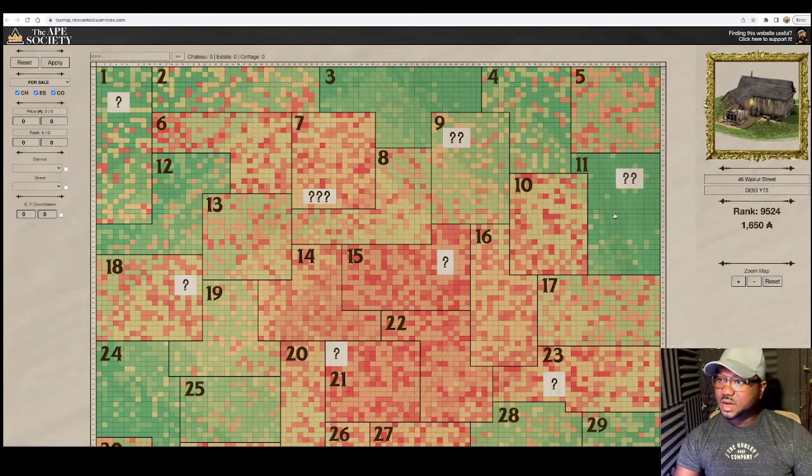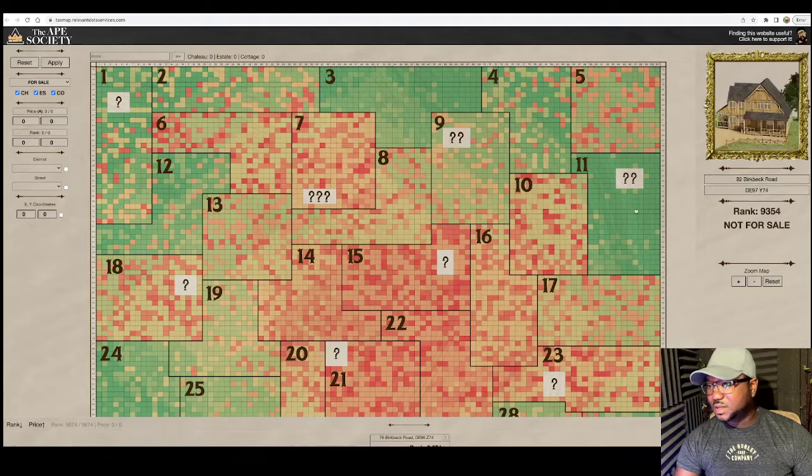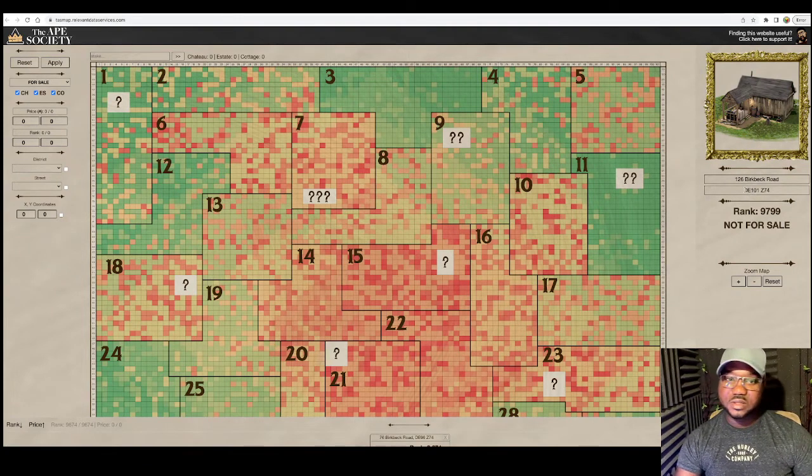So that would be here in this area. This area would be Dark E, and if you look over to your right, it says DE, which is referring to the Dark East community.